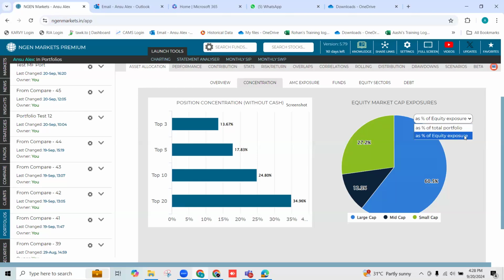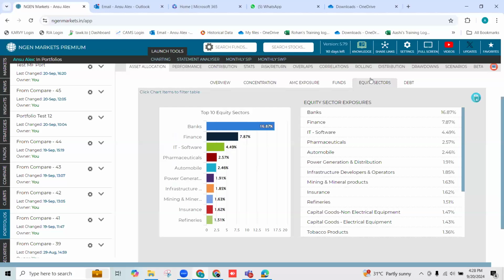Followed by that is this equity sectoral exposure that you could see, letting you see which equity sector is heavily weighted in the portfolio. So here a graphical representation is something that you could see, suggesting at the moment banks as a sector is heavily weighted in this portfolio, followed by finance as a sector.